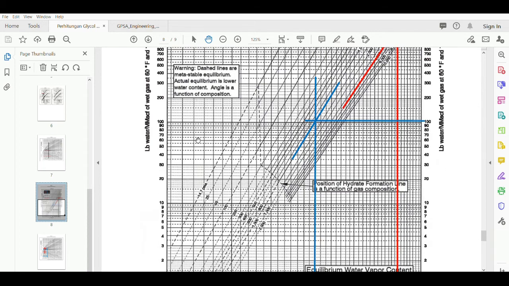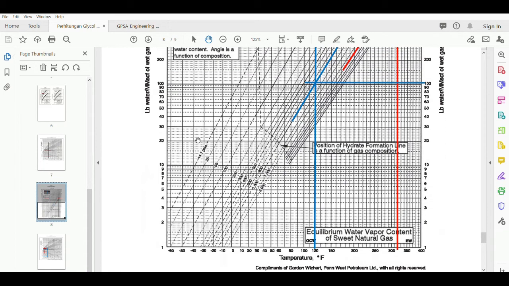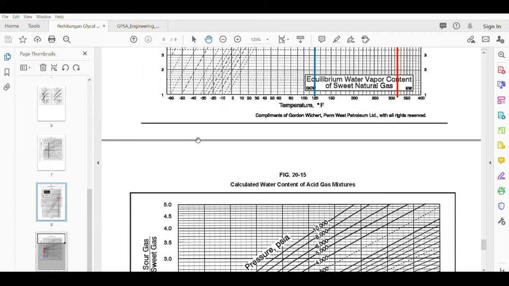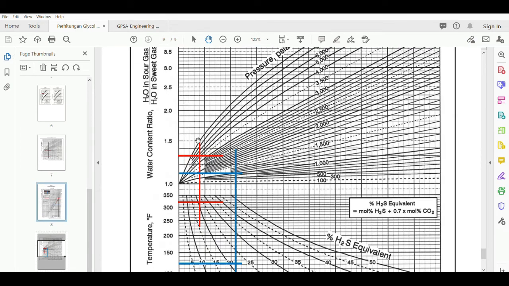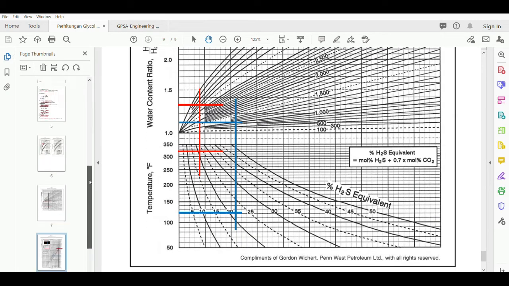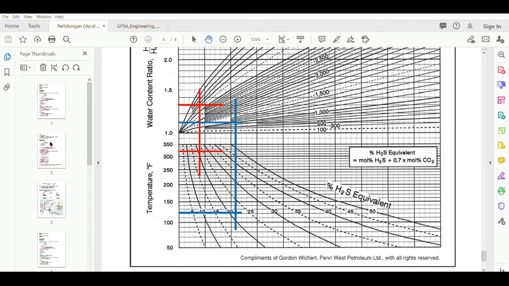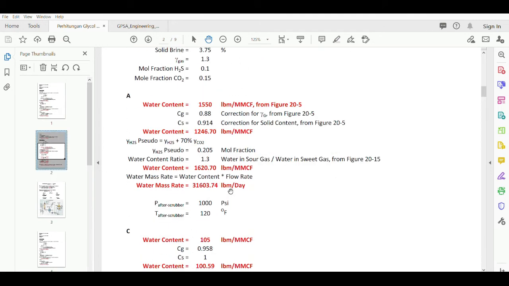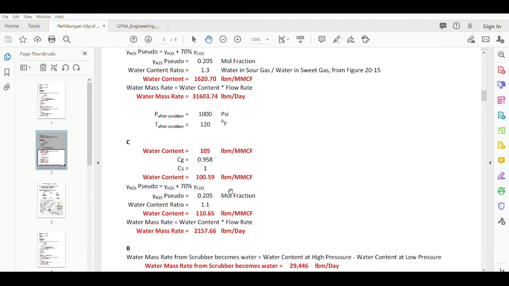This is an assumption also. Usually we still have a salinity. So we have 0.958, so we have 101 pound mass per million cubic feet.